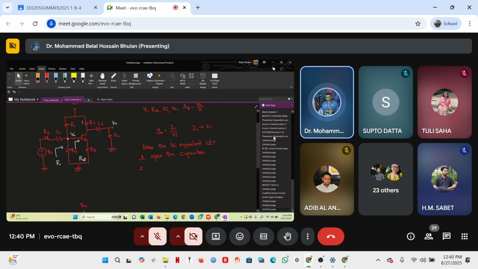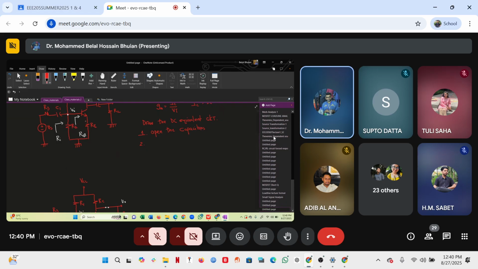So remove the AC or small signal source and apply superposition.